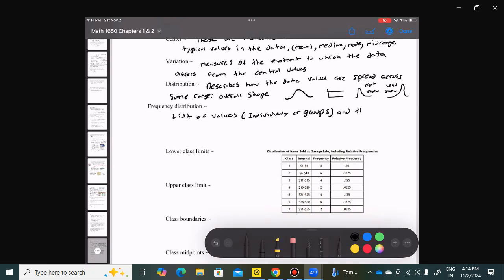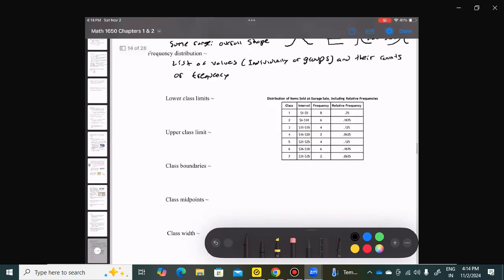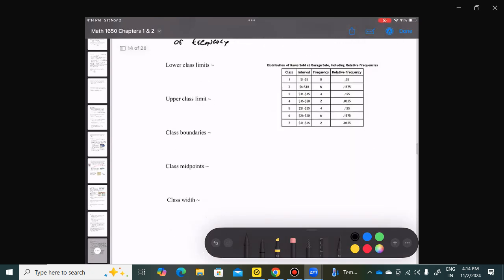And their counts or frequency. Same thing. Okay. So this graph or table is the distribution of items sold at a garage sale, including the relative frequency. We'll get into what the relative frequency is soon.